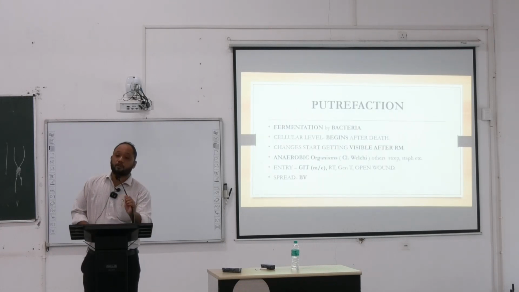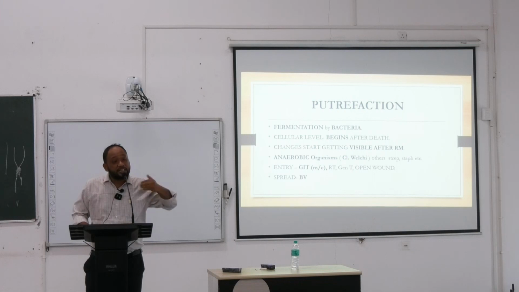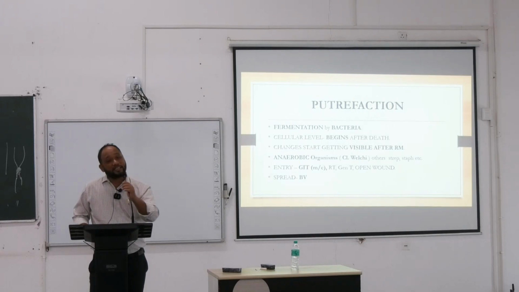Now the second process, putrefaction. Now what happens? All these cells are dying. The defense mechanism inside the body is gone. There is no police, no army. So bacteria have a free run. There will be less oxygen, more hydrogen ion, and there will be muscles and blood inside the blood vessels. All of this acts as nutrients for the bacteria.